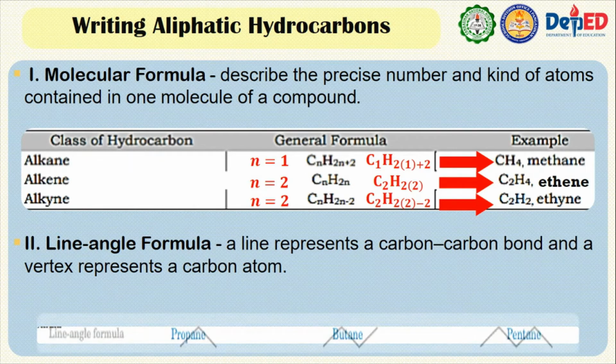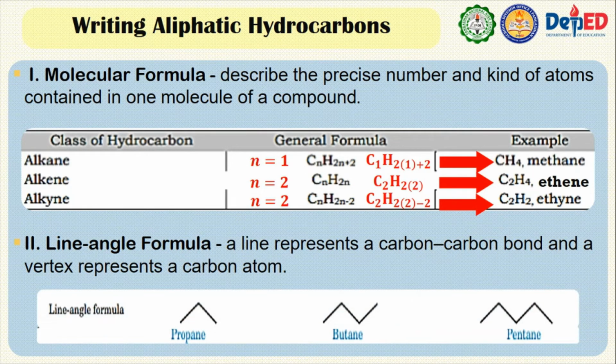This is the line angle formula for propane with 3 vertices, butane with 4 vertices, and pentane with 5 vertices. Remember, the vertices represent the number of carbon atoms in writing the line angle formula.